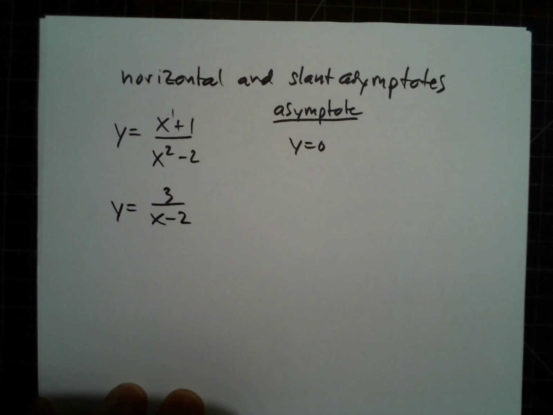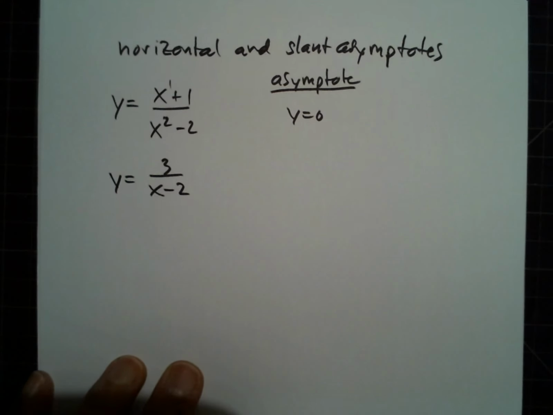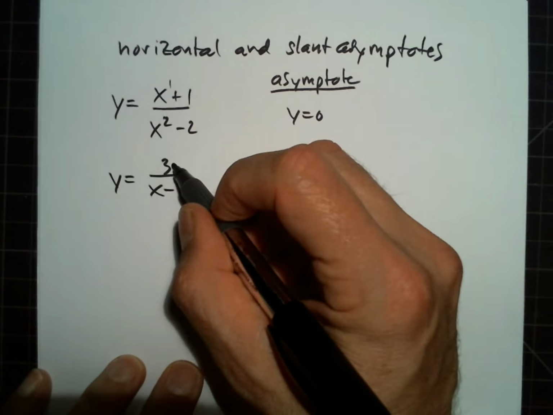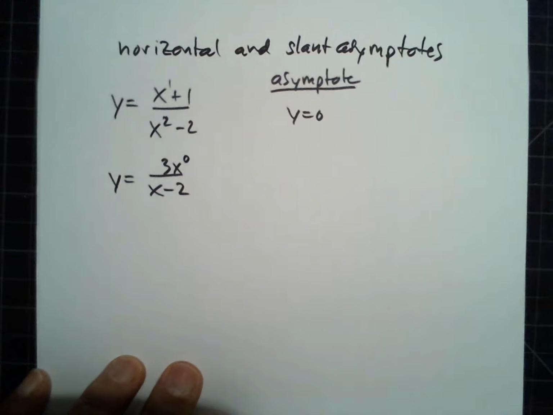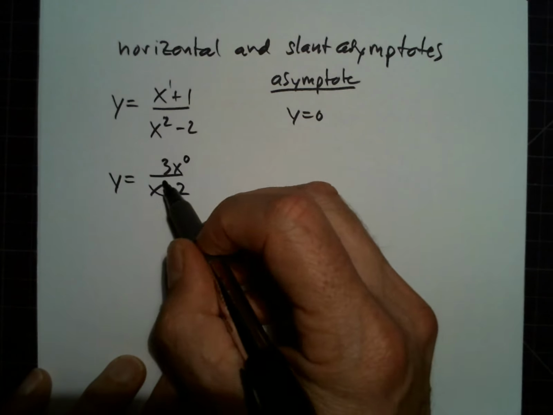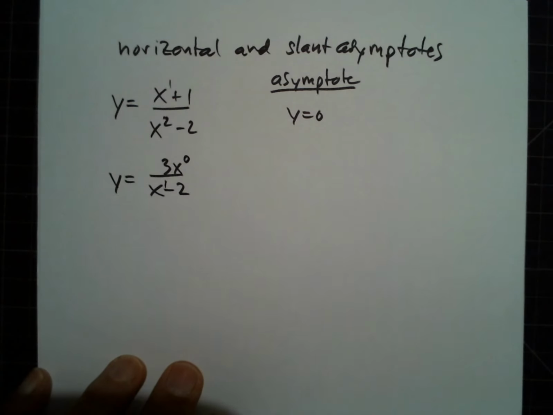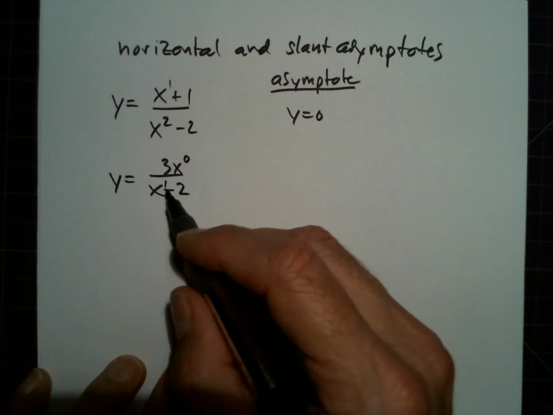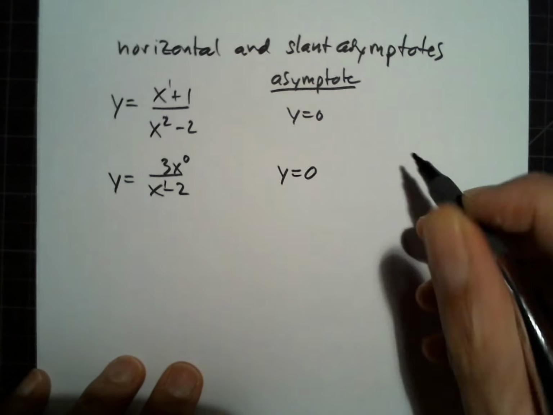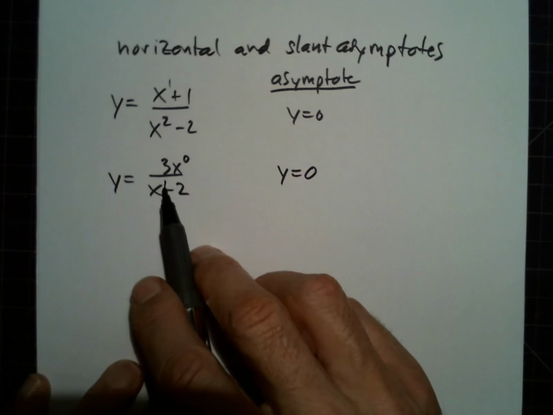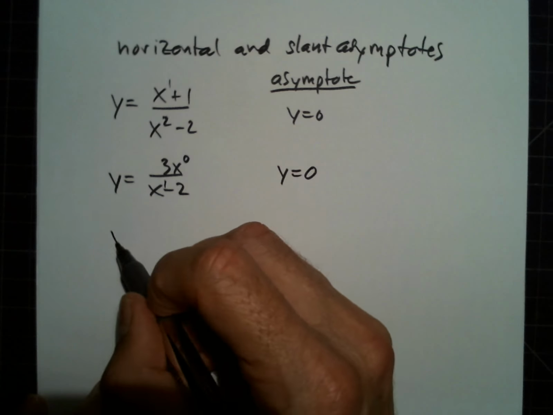And if we have something like this, you would think of the numerator as having an exponent of 0, and the denominator has an exponent of 1. So it has a higher exponent in the denominator, so we still have y equals 0 because the denominator has a higher degree.